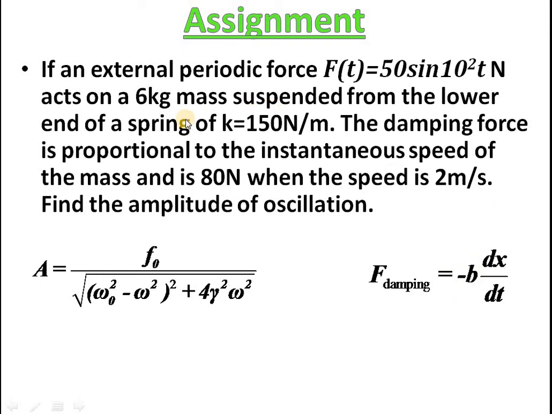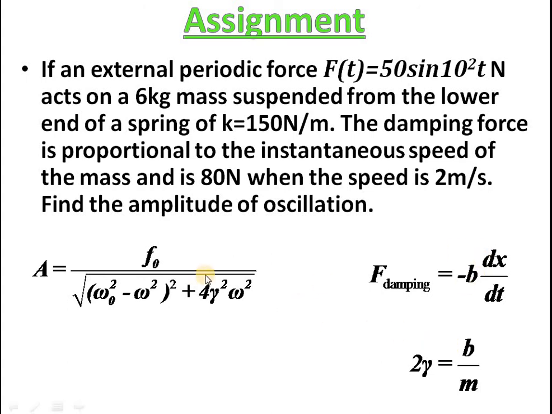You are given your damping force and the velocity. The damping force is given, it is 80 Newton at a velocity 2. So definitely you can find the value b. So once you find the value b, you can definitely find the value gamma.